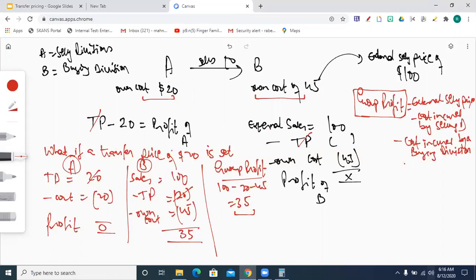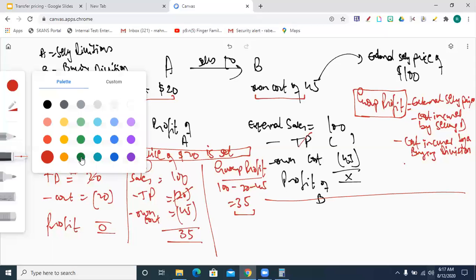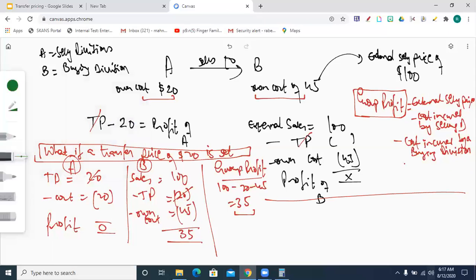So here when we set a transfer price of 20, B would be happy, but A won't be happy. So what if a transfer price of 55 is set?